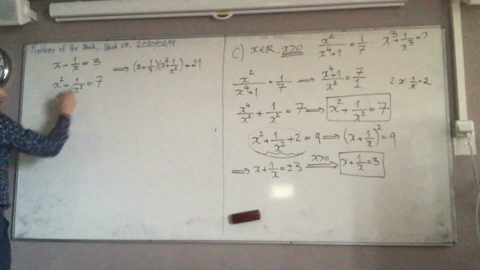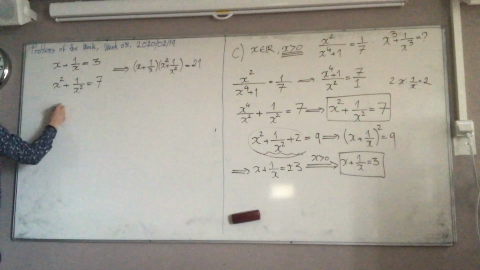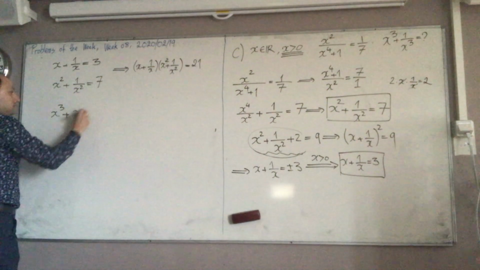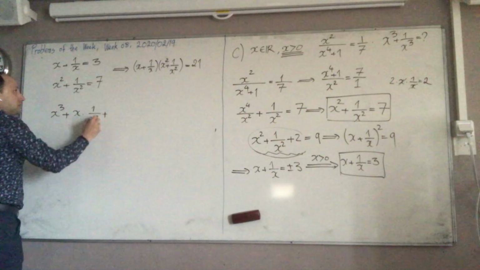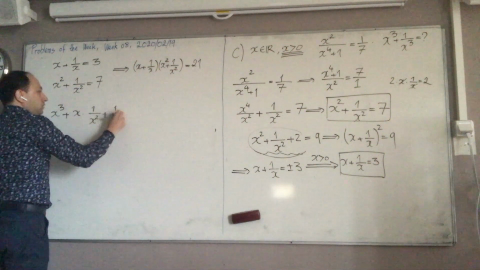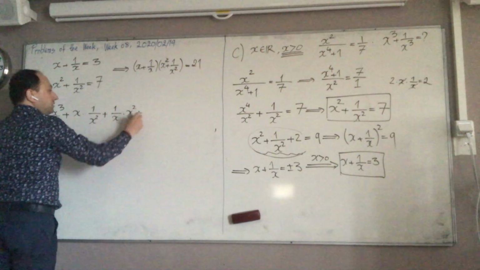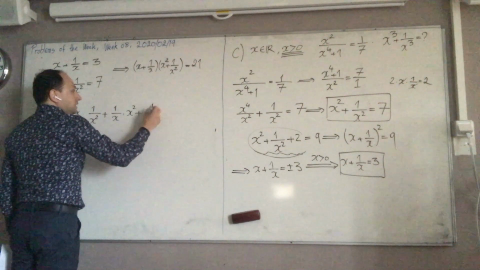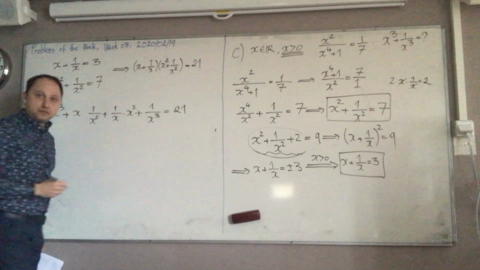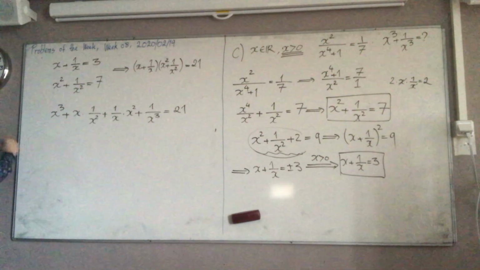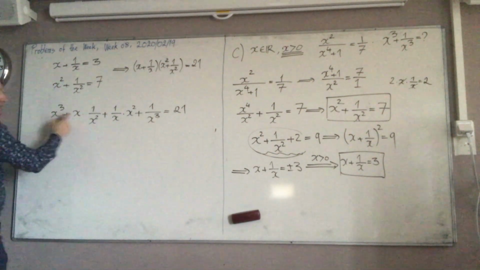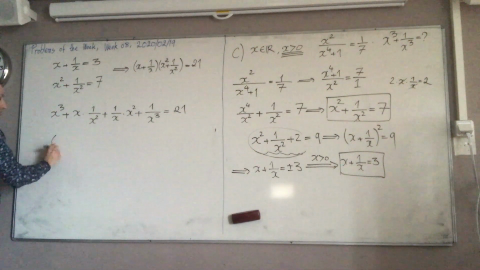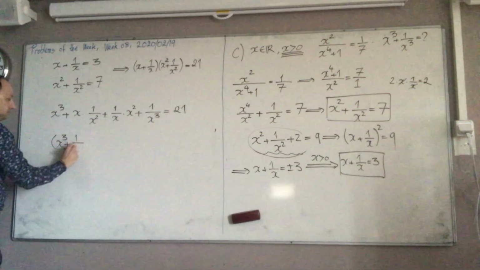So I would write here, x times x squared is x cubed plus x times 1 over x squared plus, I multiply this by that, 1 over x multiplied by x squared plus 1 over x multiplied by 1 over x squared becomes 1 over x cubed. And on the right hand side, I will have 21. But then let us see what happens. x to the power of 3 plus 1 over x to the power of 3 is my question mark. So let me write them next to each other.